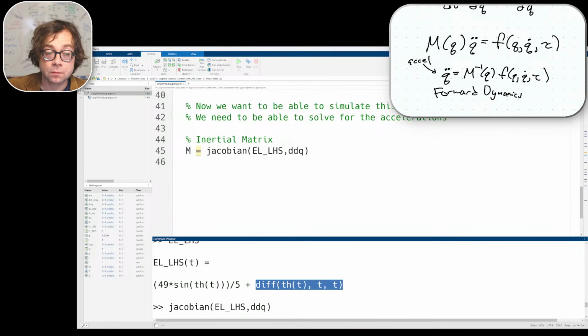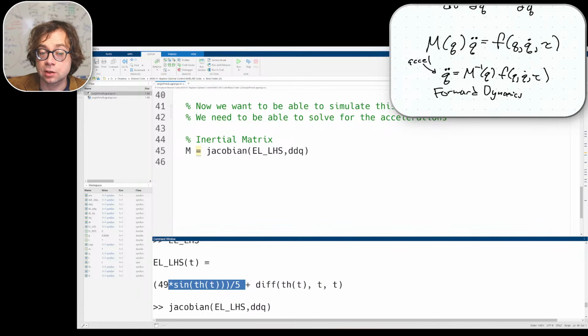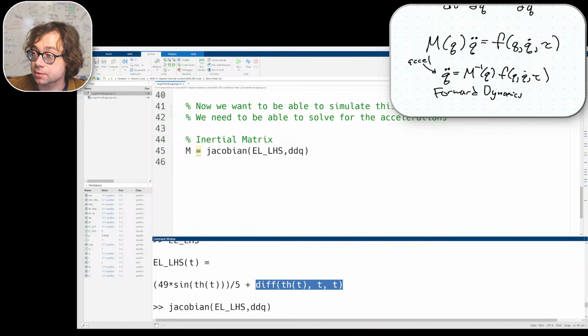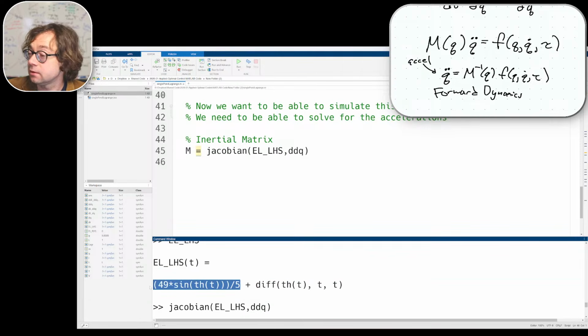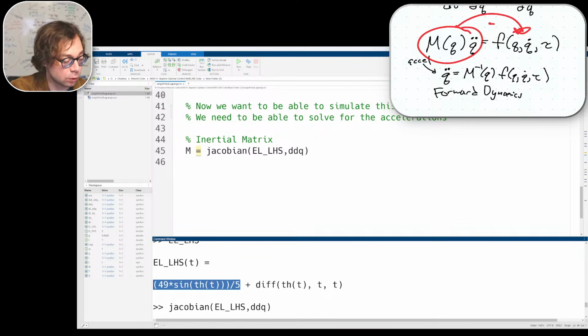Then that should eliminate all of the theta double dot terms and everything multiplied by them, leaving only everything else. And then we have to put it on the other side, from the left-hand side to the right-hand side, so we're going to do a little negative on it, right?